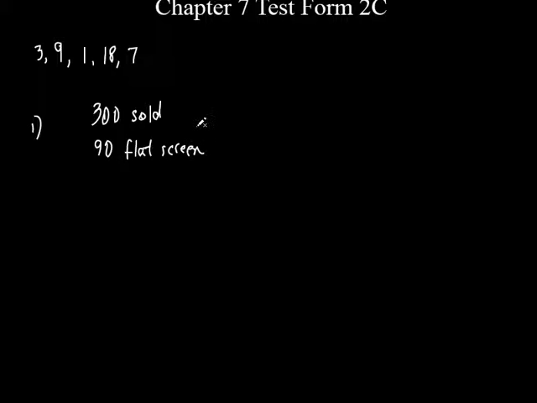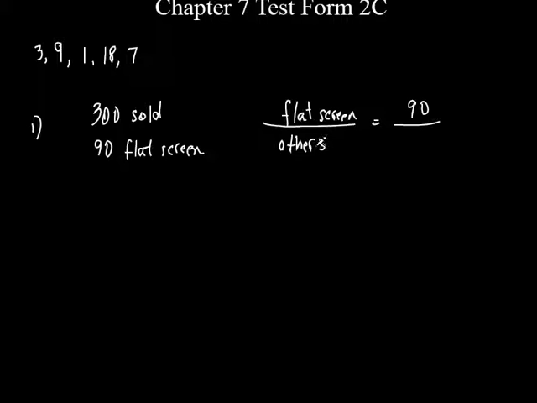All right? So what does the question say? It says, what is the ratio of flat screen? So watch, we're going to do a fraction here. Of flat screen to what? To the others. We'll just put others. Okay, so let's put some numbers in here. How many flat screens were sold? 90. Good.